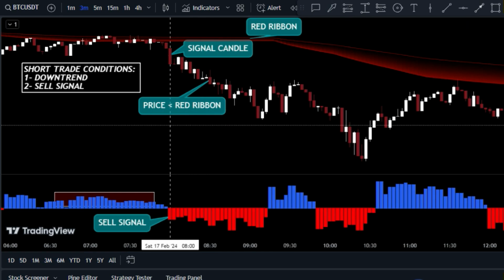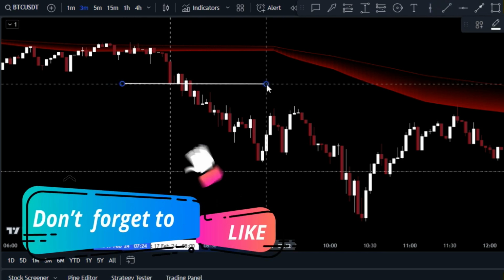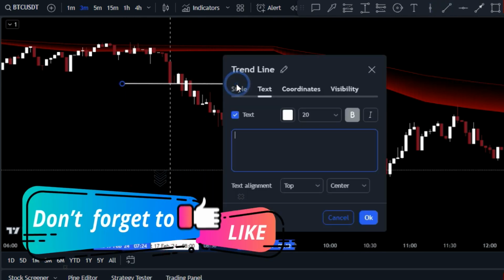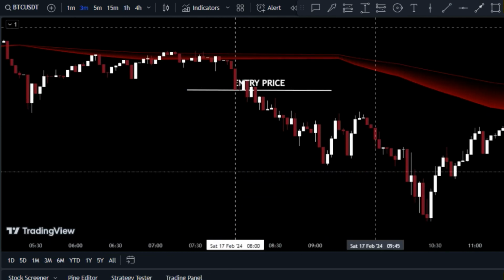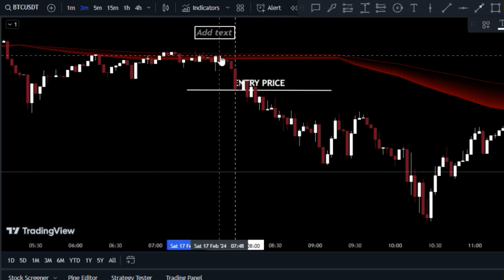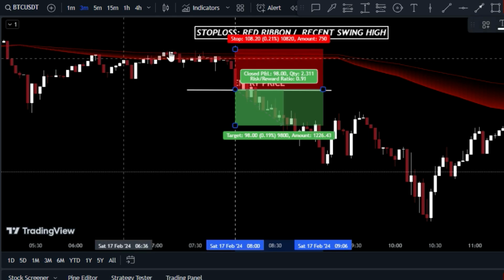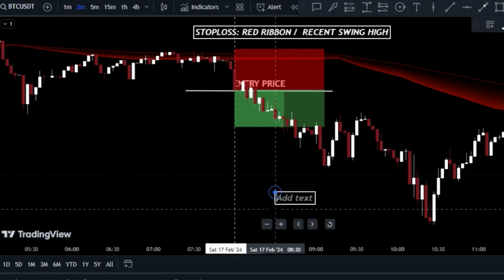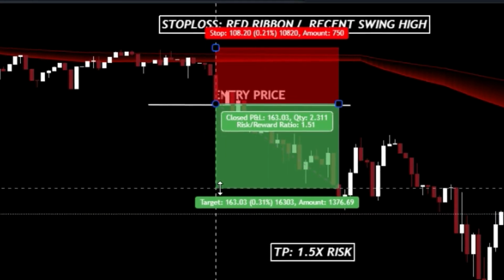This is your indication to confidently enter a sell trade. To manage risk effectively, position your stop loss at the recent swing high or above the ribbon. Furthermore, aim for a trade target that is 1.5 times greater than your risk.